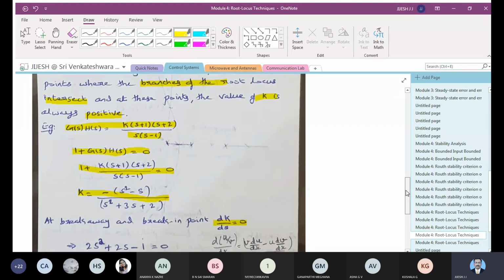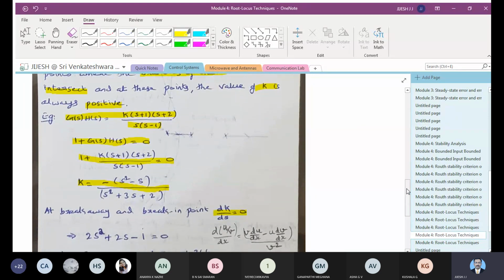Actually, you would have studied all these things in your basics when you did differentiation. The derivative of u by v with respect to x can be written as v into du by dx minus u into dv by dx, divided by v square. This you have to remember and then do the simplification.